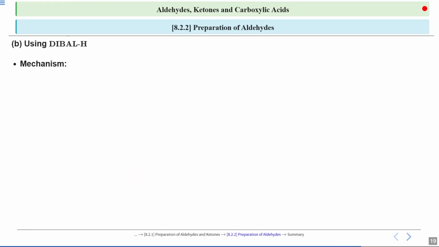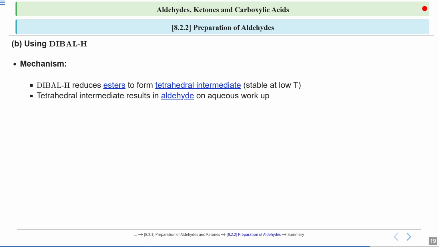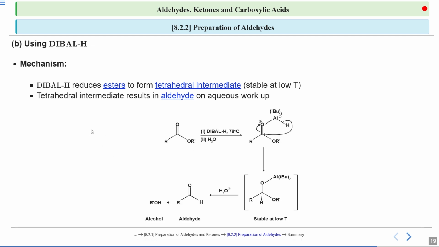Now let's see the mechanism of how DIBAL-H transforms it. So first, DIBAL-H reduces the ester to form a tetrahedral intermediate. DIBAL-H, we know, is a selective reducing agent. So it will attack your ester and form a tetrahedral intermediate. If you look at this, this is an ester.